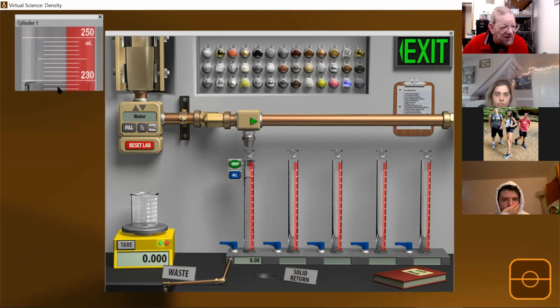And this one is hard to read. Each one of these lines is 2 milliliters. Notice from 230 to 250, there are 10 lines. So this one is 232, 234, 236, 238. This larger line is 240, 242, and so on. And this is right about, it's hard, but it's the line right below 230.